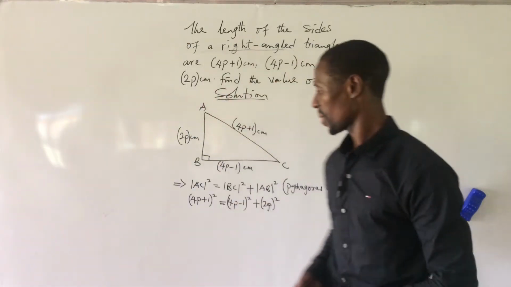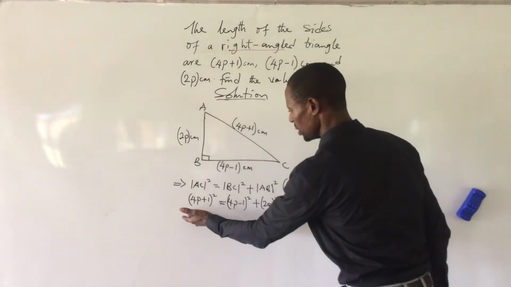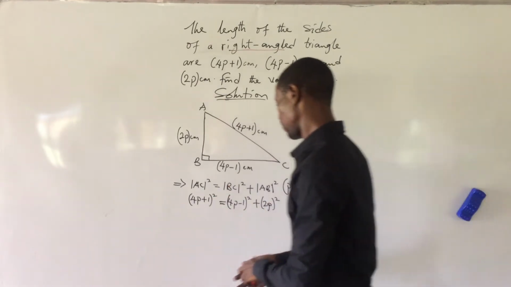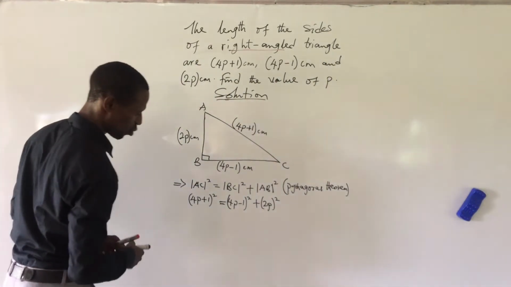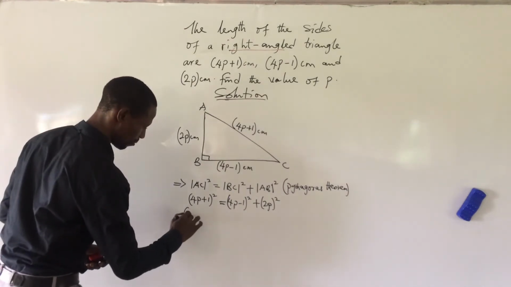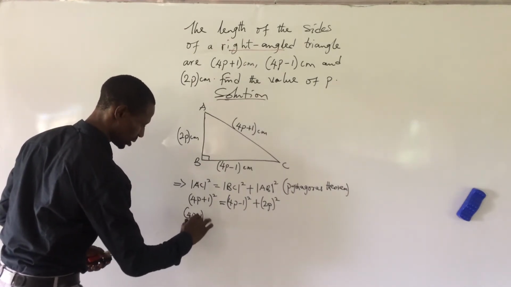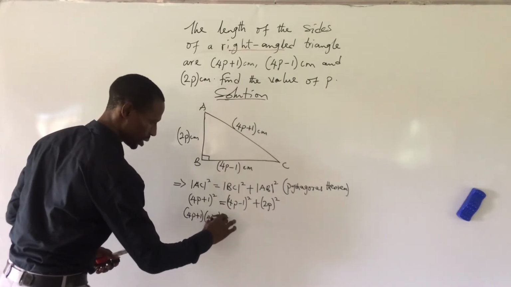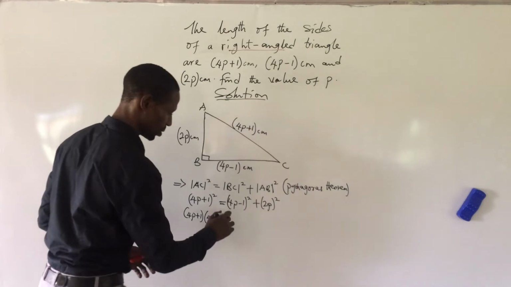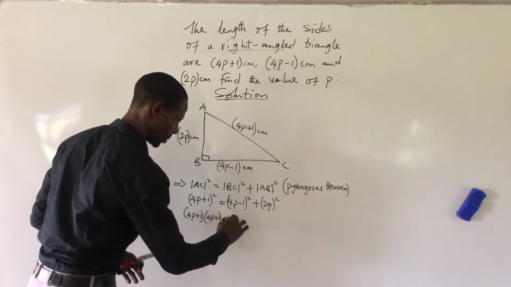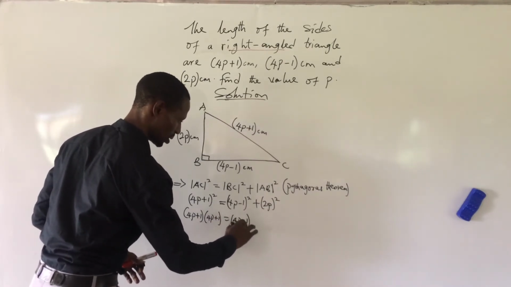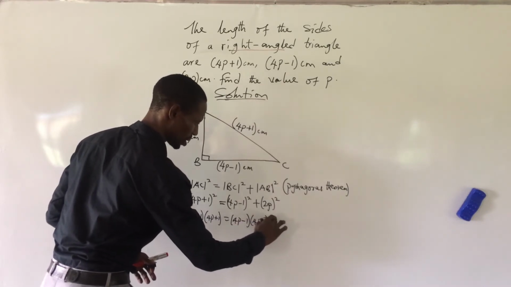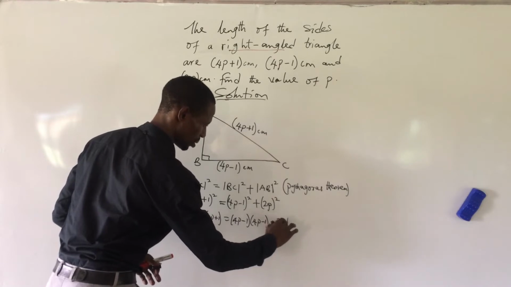Very simple. So from here, we open this bracket, we open this, we also open this. Now (4p + 1) squared is the same as (4p + 1)(4p + 1), equal to (4p - 1)(4p - 1) plus (2p) all squared.